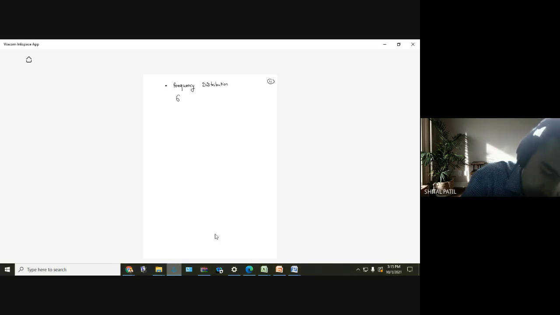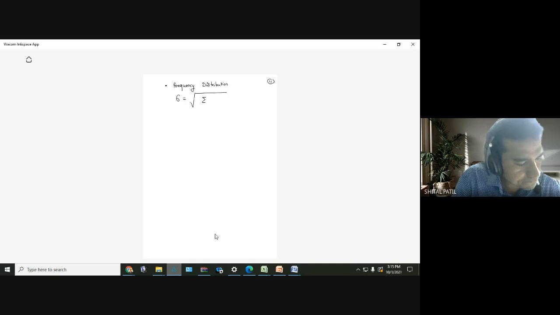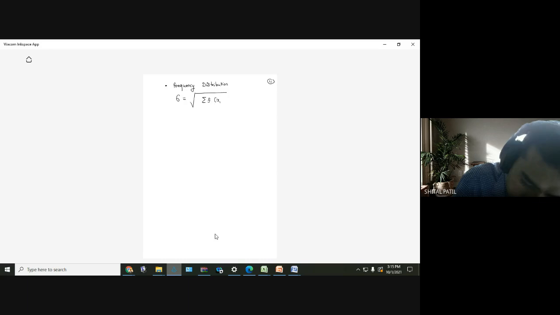So sigma equal to, the original formula is like this: square root of summation of fi (xi minus x bar) square, divided by summation of fi.